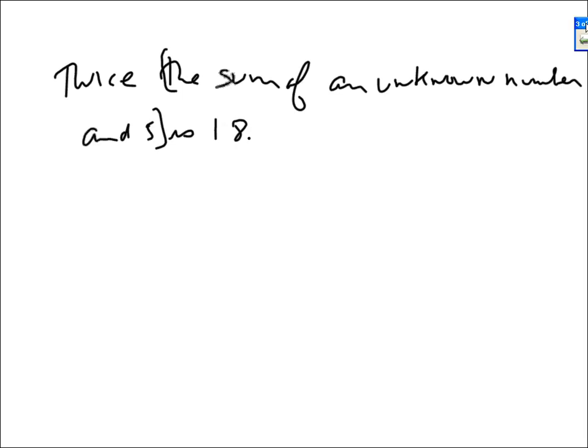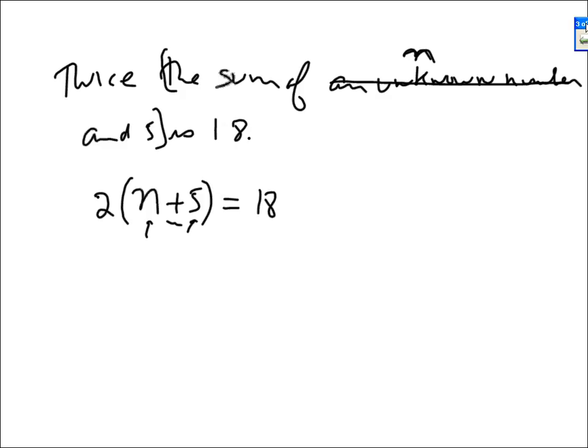You take the sum of this and that. You're taking the sum of an unknown number, which is n, and 5. There's the sum of n and 5. And we're doing twice, that is 2 times, the sum of an unknown number and 5. And that, that means equal, 18.